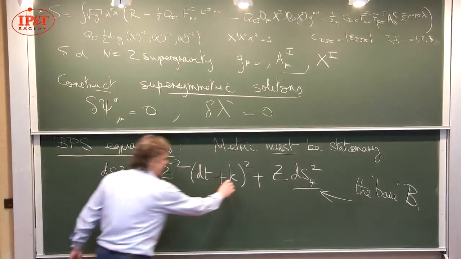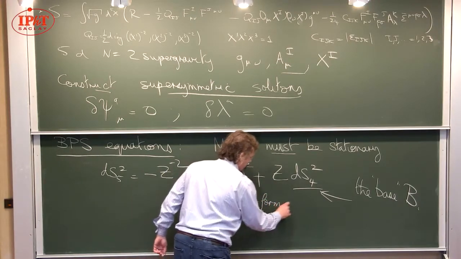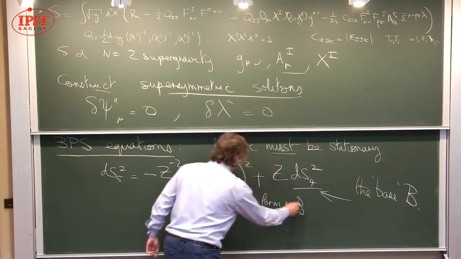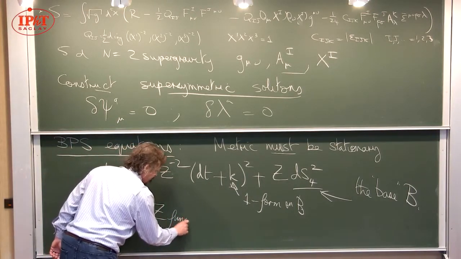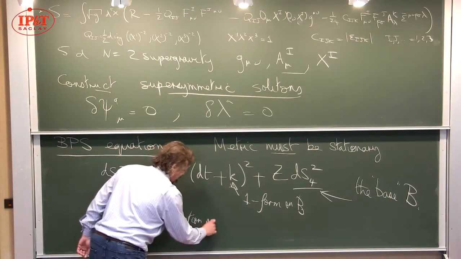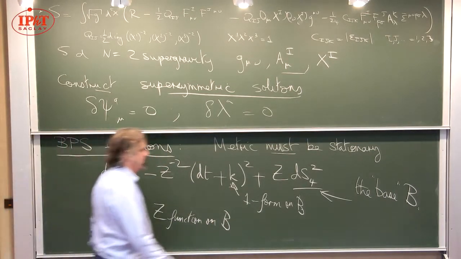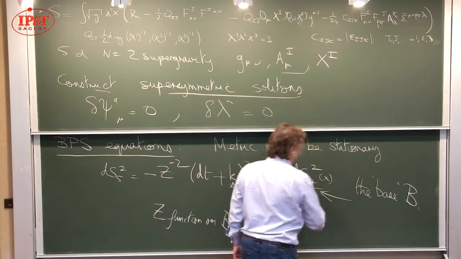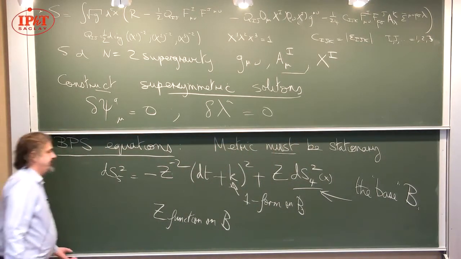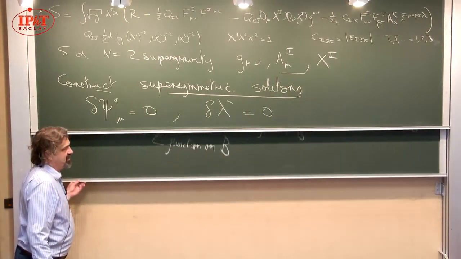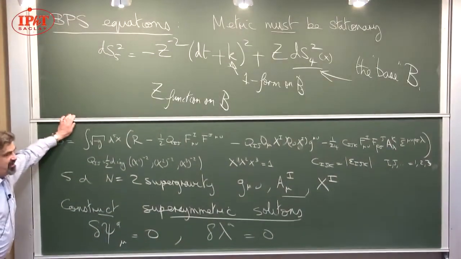This can be any one-form on B, and Z is just some function on B. Everything is time independent. I'll call these coordinates x, and everything depends on x in principle. But that's the first thing that supersymmetry tells you, that there's a time-like Killing vector, and therefore the metric can be written like that.